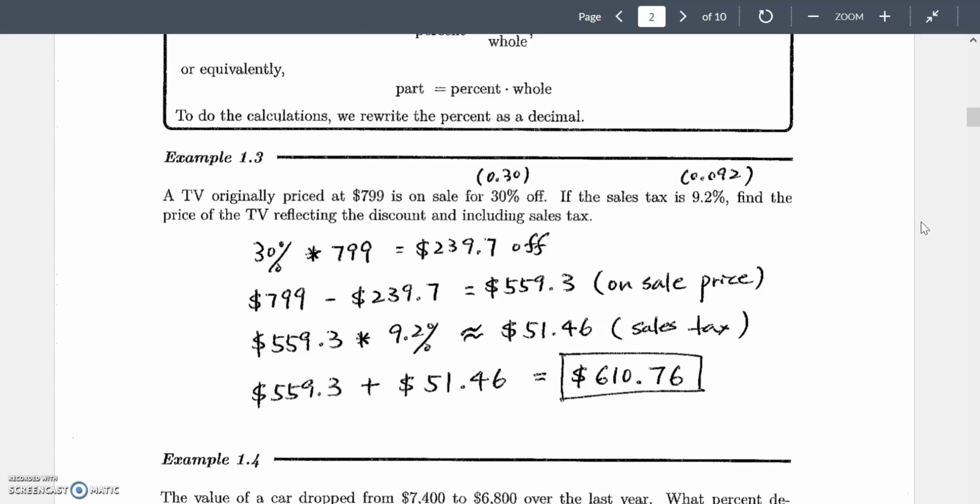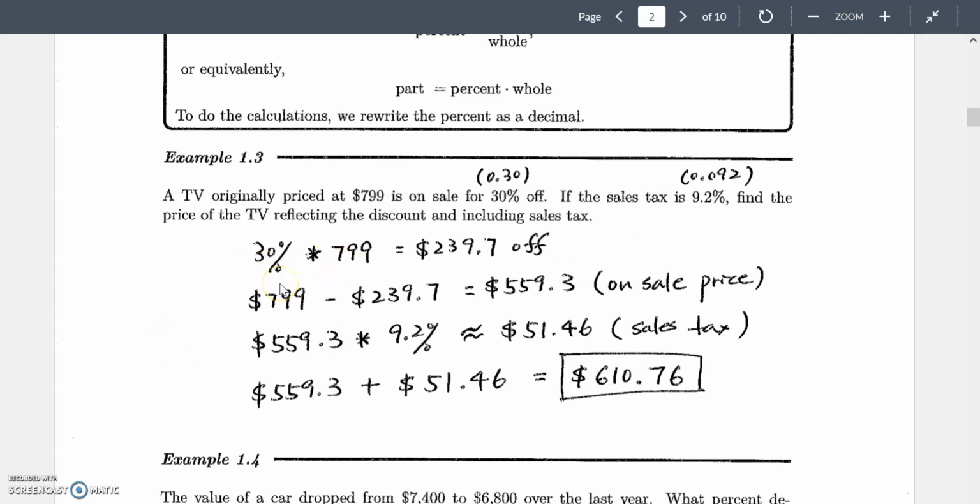When we want to find 30% off, or 9.2% sales tax of a certain item, the word "of" in mathematics means multiply. So the first thing we need to figure out is, how much is 30% off $799? So we take 30% times $799.